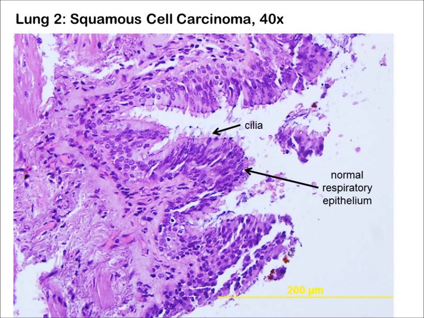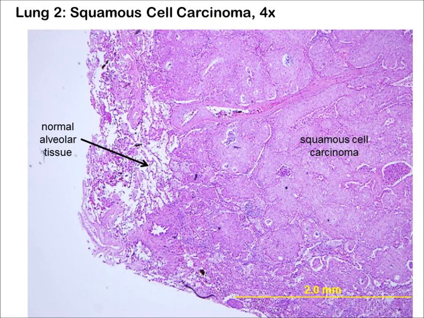The presence of these structures indicates that this section was taken from the hilar region of the lungs where the bronchi are located. Scan the section under low power and locate a region of normal alveolar tissue on the edge of the larger fragment. Examine this under higher power and observe that there are tumor masses invading into this region.